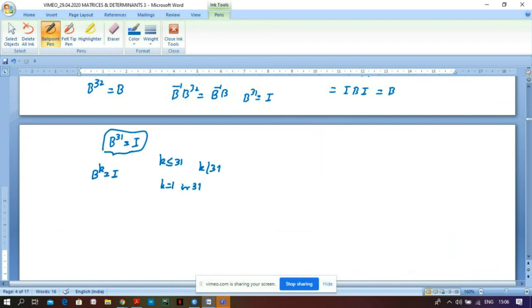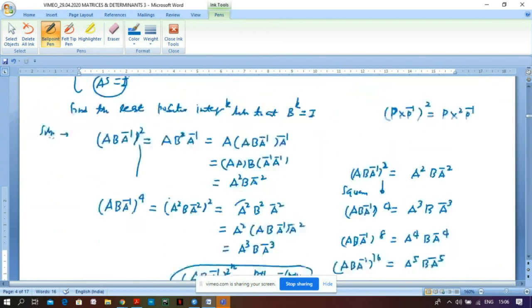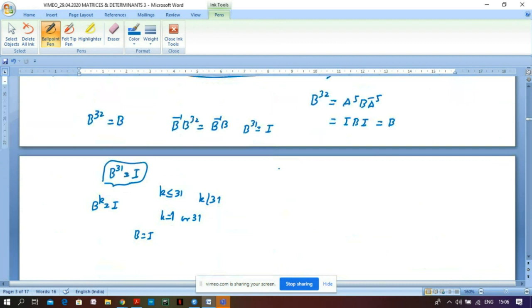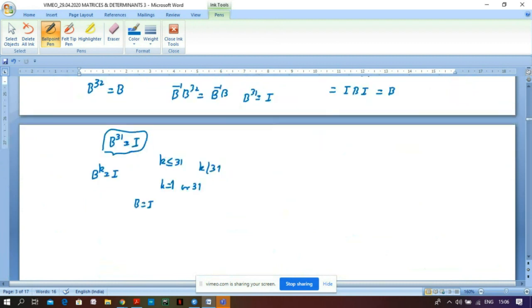But k equal to 1 means B equals I. But it is given that B is not I. The question precludes that. It says that B is different from the unit matrix. And so B31 must equal I. Then we can say that the least positive integer k is 31, because if I again square it, B62 will also give you I, but that will be more than 31.